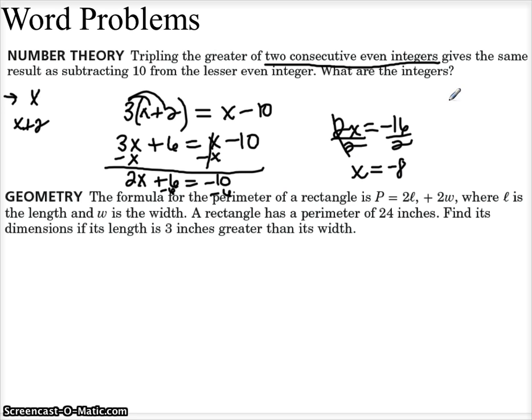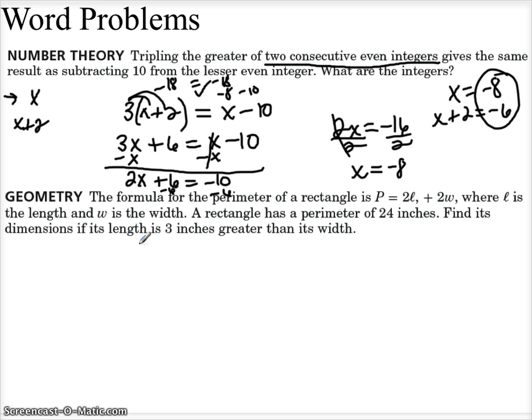So you have x, which is negative 8, and then x plus 2 is negative 6. All right, and then plug that in to check it. Negative 6 times 3 is negative 18, and negative 8 minus 10 is negative 18 as well, so that does check.